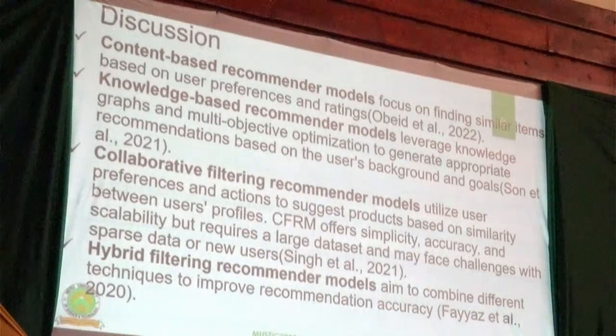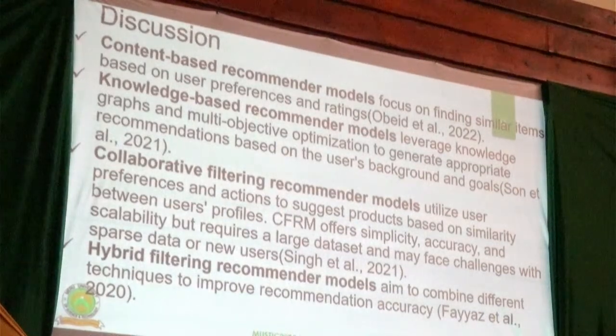Then knowledge-based recommenders use knowledge graphs and multi-objective optimization so that they can generate appropriate recommendations, basing it on the user's background and goals. Now the limitation is that it's a bit complex to use the knowledge graphs to enable the recommendation to be made. Then for collaborative filtering, we use the preferences of the user and the actions to suggest products that are similar between the various users.